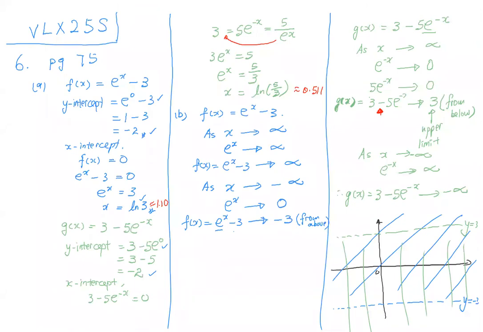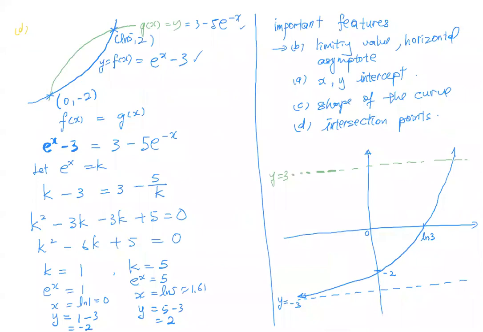Yeah. So I put down here. So you go in this way. Pass through here. So that is your ln 5/3. And this is your intersection point, ln 5, 2. And this is -2, 0.